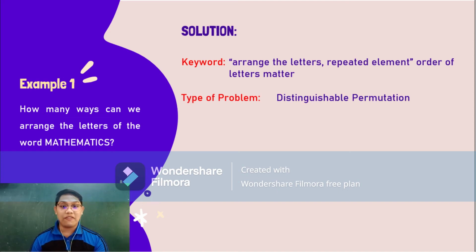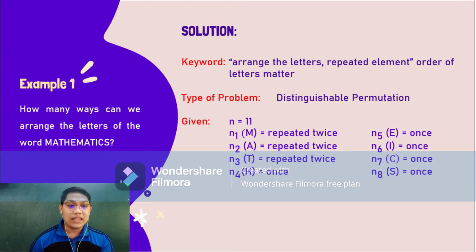Then tan-awon nato ang given. How many ang total letters? Imong i-count ang letters sa mathematics, there are 11 letters all in all. Then, next is we need to find kapila gibalik-balik ang each letter. For example, n sub 1, that is our letter M. Looking at the word mathematics, gibalik siya twice.